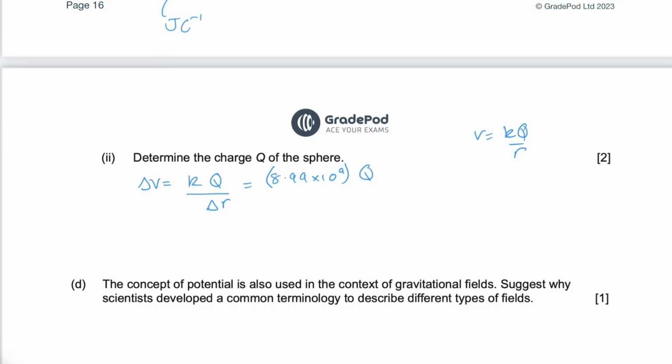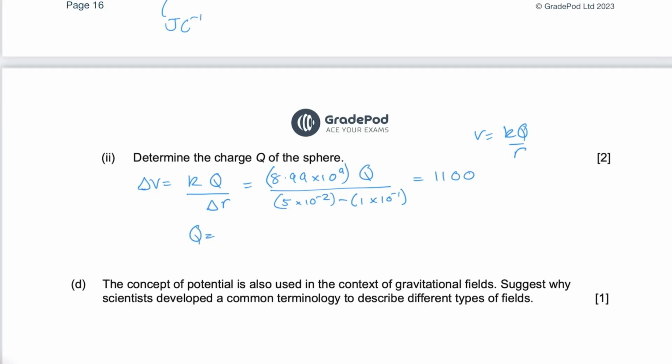We don't know what Q is. We do know the change in distance is equal to 5 times 10 to the minus 2 minus 1 times 10 to the minus 1. And we know that the potential difference, delta V, is equal to 1100 from the previous question. So we're going to rearrange to try and find out what Q is.